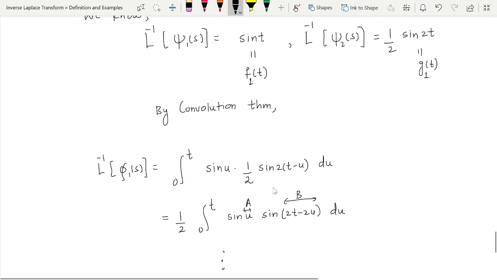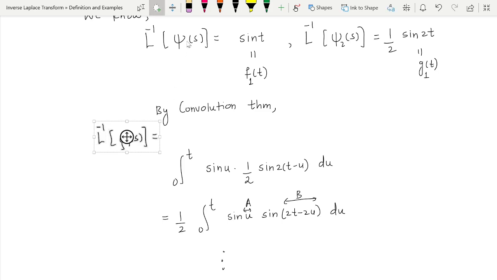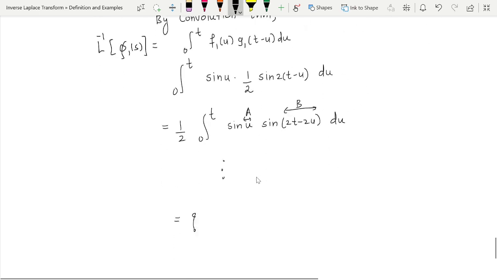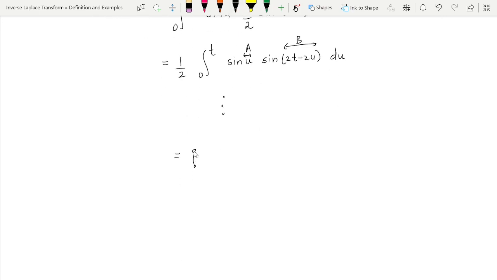So according to the convolution theorem, if you want I will write one more step over here. By convolution theorem this will be integration 0 to t f1 of u and g1 of t minus u du, since we have used this notation, right? f1 of t and g1 of t. Now after calculating this answer, whatever we get here, that will be our f of t.